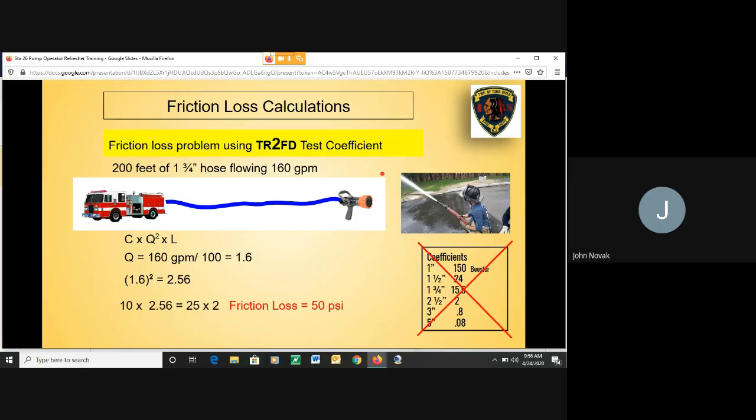Now we're going to substitute our friction loss formula, our coefficient, and we're going to come up with a 50 psi friction loss for this illustration, 200 feet of inch and 3/4 flowing 160 GPM. So our pump discharge pressure is going to be 100. If the pump operator flows 100 psi through our pre-connect right now with either our new fog nozzles or our 7/8 tip smoothbore, you're going to get the correct flow of 160 gallons per minute.